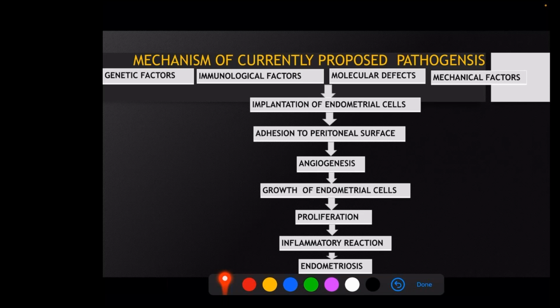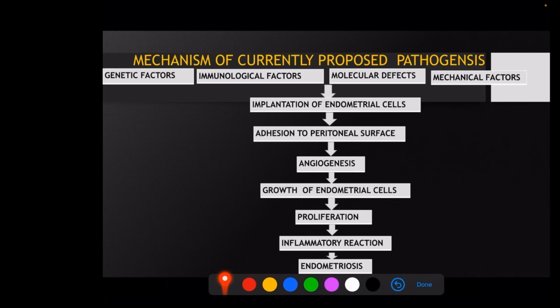What is the mechanism of currently proposed pathogenesis of endometriosis? Here, with the coincidence of genetic, immunological, molecular, and mechanical factors, there is implantation of ectopic or displaced endometrial cells and adhesion to the peritoneal surface under the influence of biologically active cytokines.